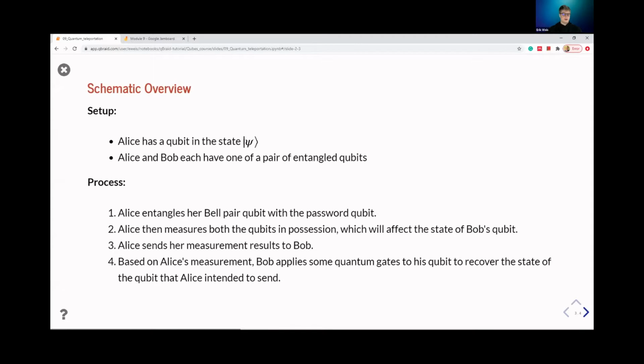Okay. So as a setup, you have, let's just say, Alice and Bob. The standard communications scheme involves two agents communicating with each other, and it's always Alice and Bob. So Alice has a qubit in the state psi, and she wants to send the state psi to Bob.